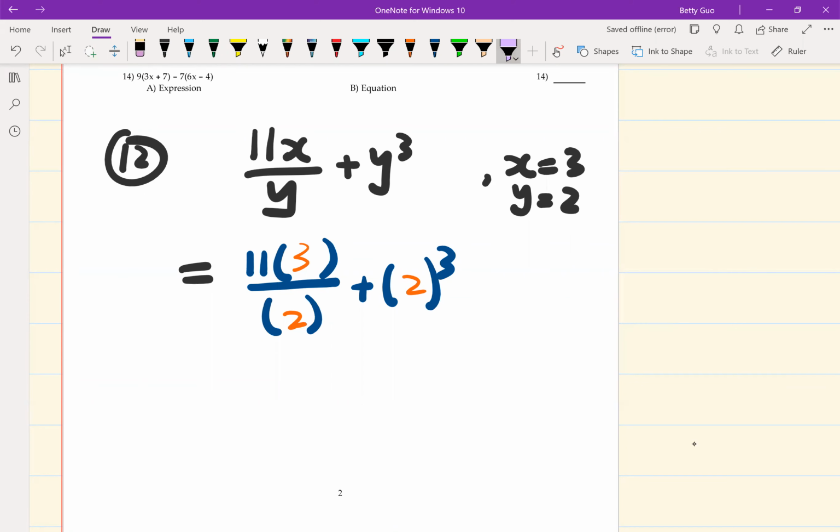This parentheses was for x, so we put 3 in it, and these two parentheses were for y, so we put the value 2 in the two parentheses. Once we have the values plugged in, then we can evaluate this expression.